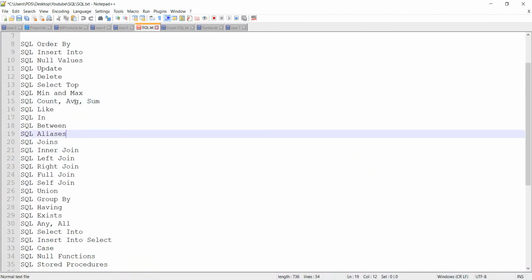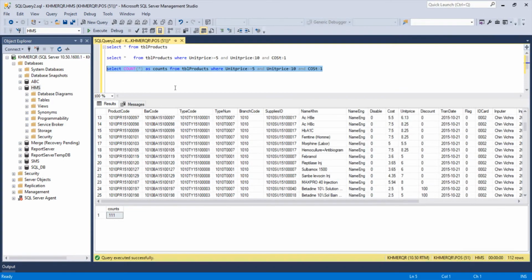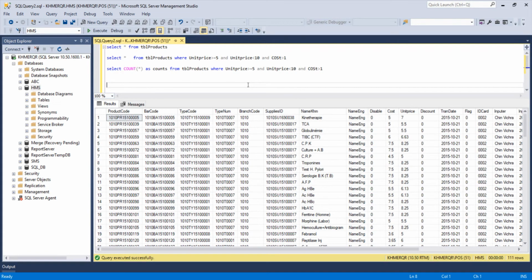Okay, so average. If we talk about average, we can do it like this. For example, cost equals 5, unit price. Okay, let's start. I put cost equal 5.